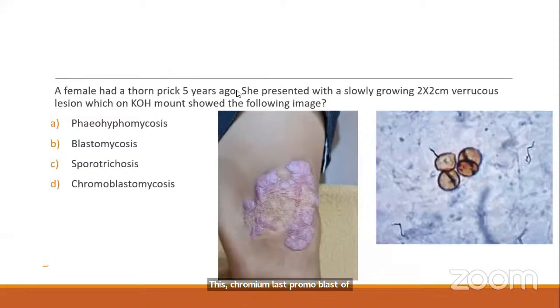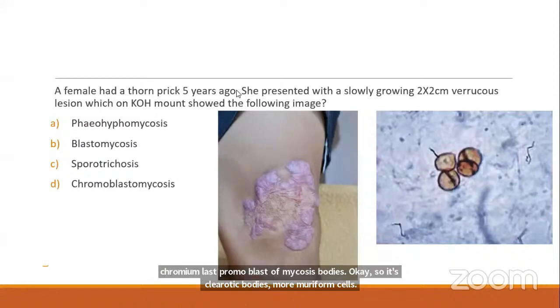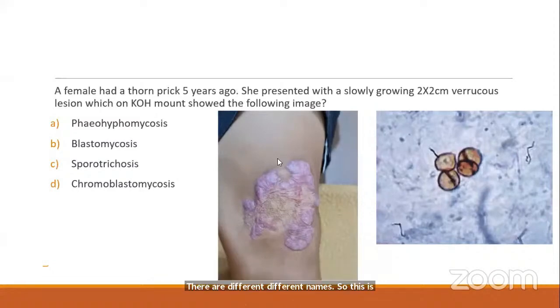There are different names. So this is typical. It is one of the kinds of lesion produced in case of chromoblastomycosis. In sporotrichosis, one question is upcoming here, and you will identify how to get an idea whether it is sporotrichosis or chromoblastomycosis.